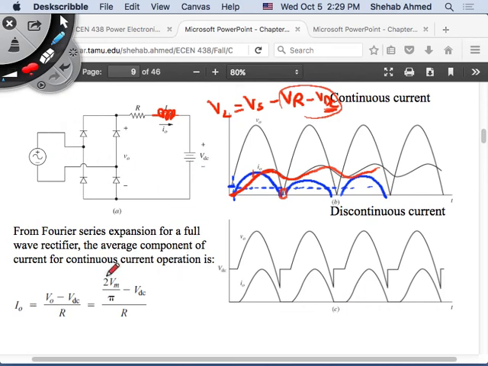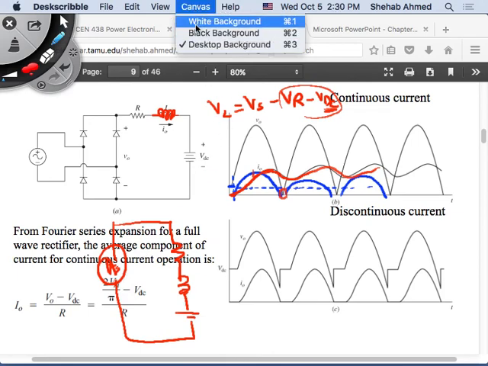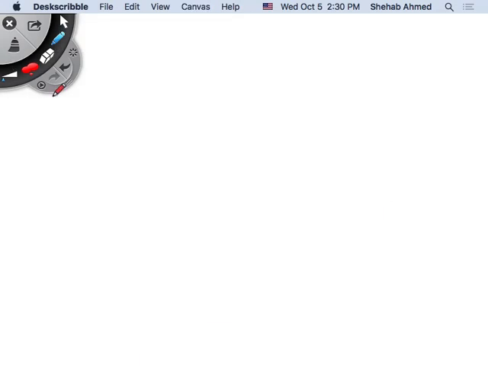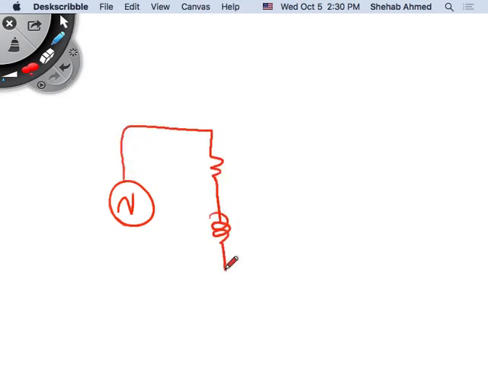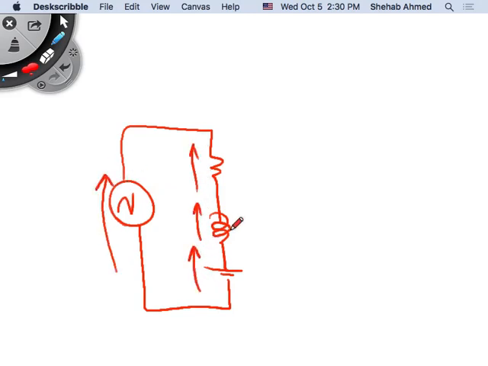Right here. Look, what does the circuit look like? My AC source, and then my resistor, my inductor, and my DC. Oops, sorry. AC source, resistor, inductor, DC. Here, here, here, here.